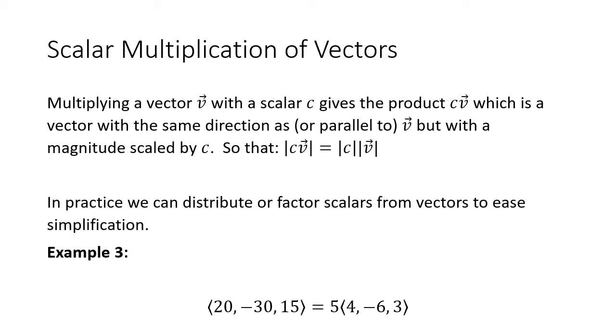And the nice thing is that, in practice mathematically, we can distribute that scalar through to every component of my vector or factor it out. So in my example 3 down there, 20, negative 30, 15, they're all multiples of 5. I can absolutely divide each of those by 5 and factor it out just the normal way I do factoring.